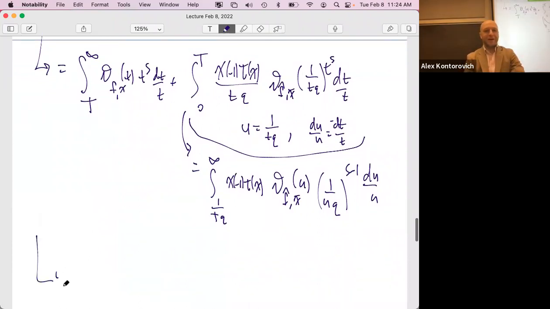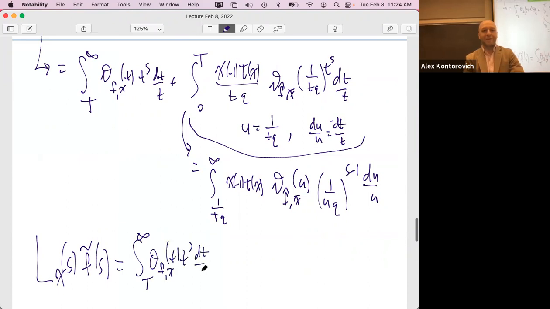So what we've got is L chi of s times f tilde of s is equal to an integral from t to infinity f chi t to the s dt over t. I haven't touched this part. Plus a funny integral. Now, if you want to make these over the same range, you can by choosing t to be 1 over root q. Then this will go from 1 over root q, and this will also go from 1 over root q.